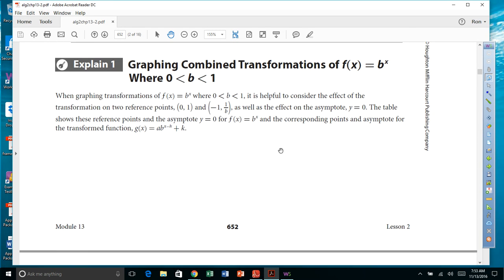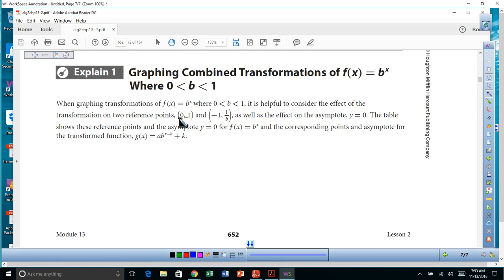Graphing combined transformations, f of x equals b to the x power. When graphing transformations of f of x equals b to the x, where 0 is less than b is less than 1, it is helpful to consider the effect of the transformation on two reference points, as well as the effect on the asymptote y equals 0.